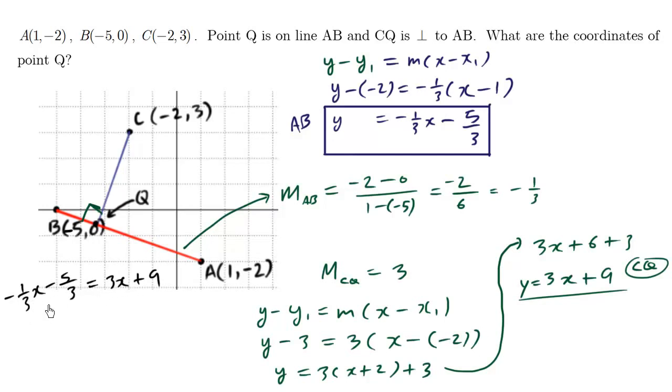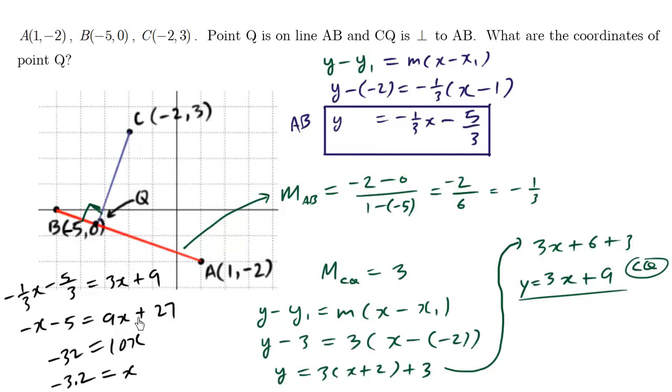I'm going to multiply both sides by 3. So I got -x minus 5 is equal to 9x plus 27. And I'm just going to move this over here. So we get 10x is equal to negative 5 minus 27, which is negative 32. So divide both sides by 10, we got x equals negative 3.2.